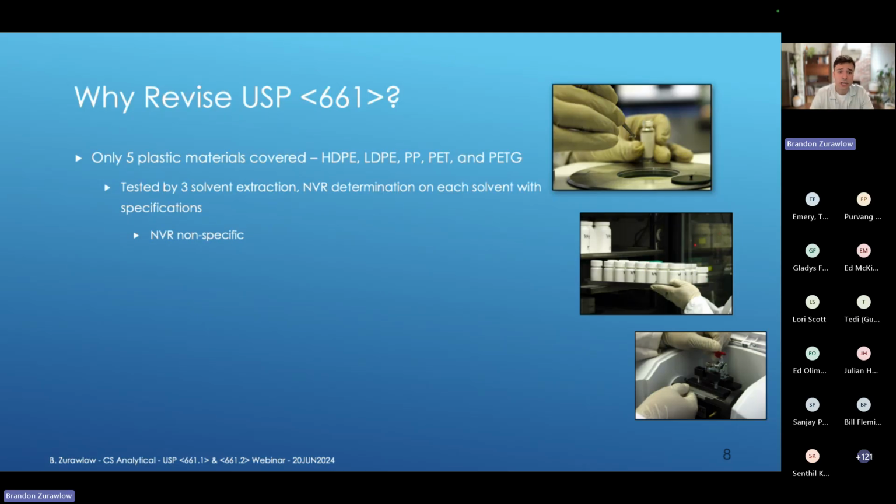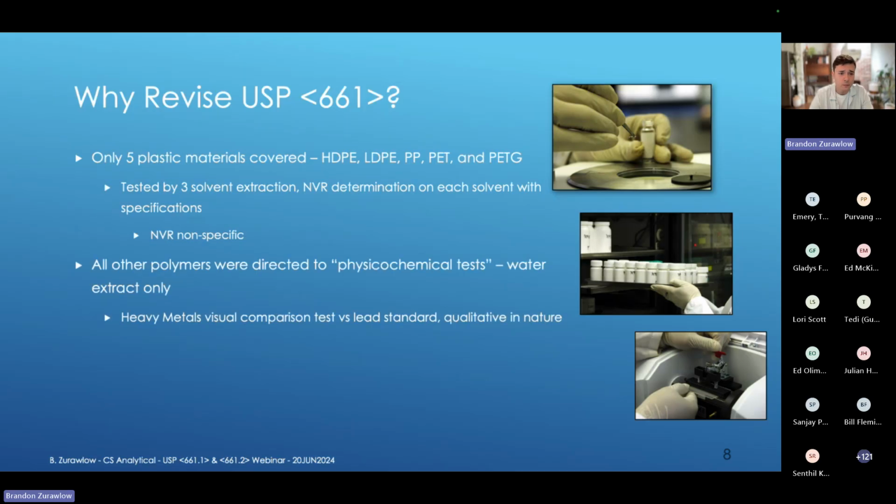These particular plastics were evaluated by a 3-solvent extraction in most cases, such that the material of the container was cut up, put into water, alcohol, hexane, extracted, and then we evaluate for non-volatile residue, essentially total non-volatile extractables that came out of that material.